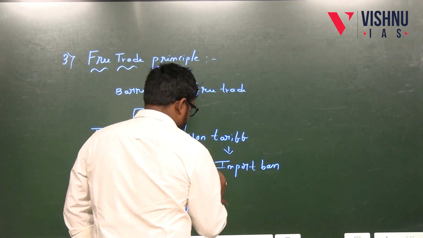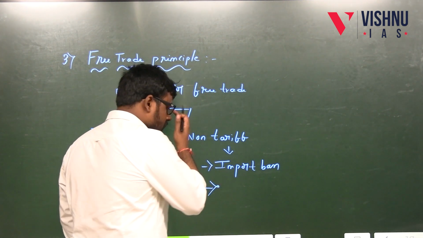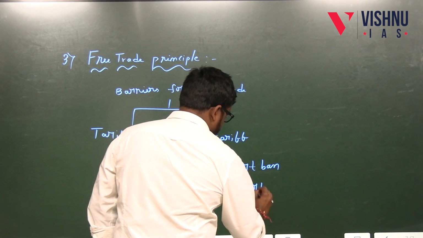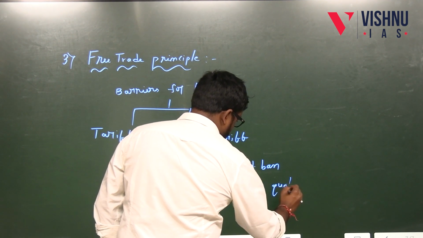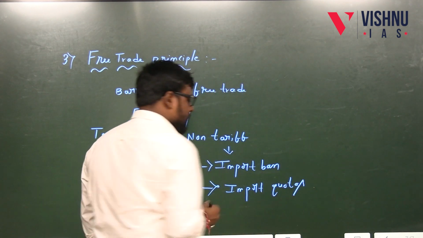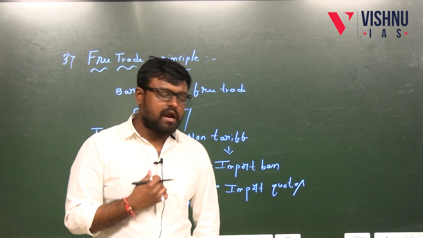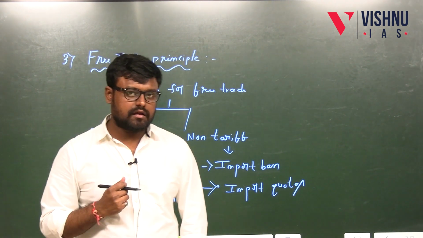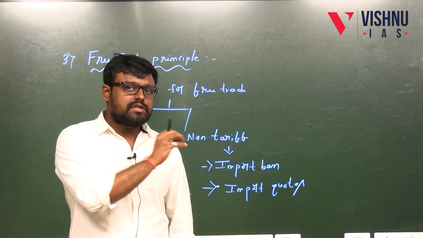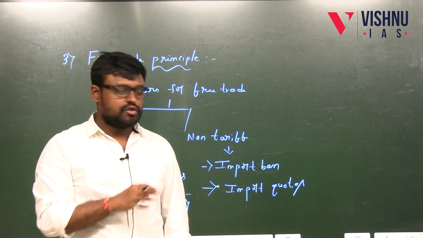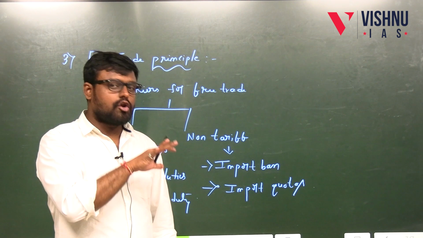Similarly, import quotas. Suppose we are importing some goods from Pakistan and India has put a restriction that only this many tons of those goods can be imported. Beyond that limit, they cannot be imported.